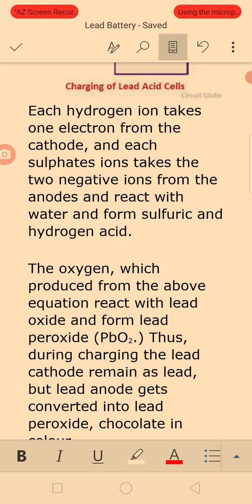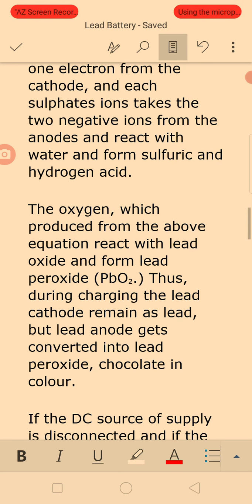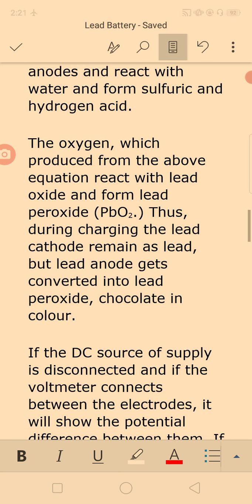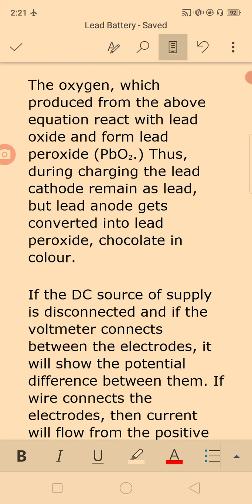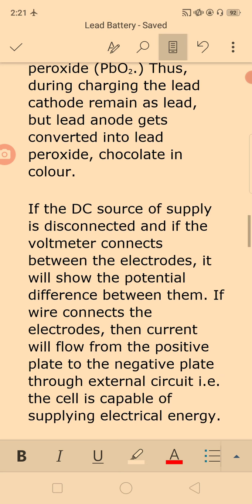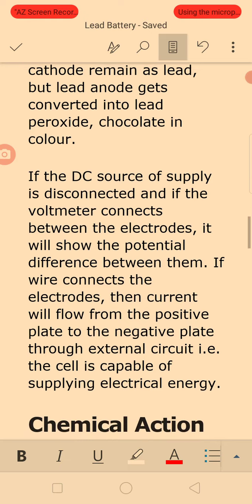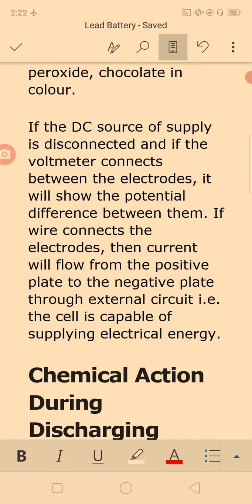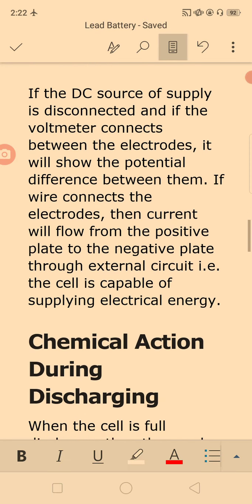Thus, during charging, the lead cathode remains as lead, but the lead anode gets converted into lead peroxide, chocolate in color. If the direct supply is disconnected and a voltmeter is connected between the electrodes, it shows a potential difference between them. If a wire connects the electrodes, then current flows from the positive toward the negative plate and maintains the supply of electric current.